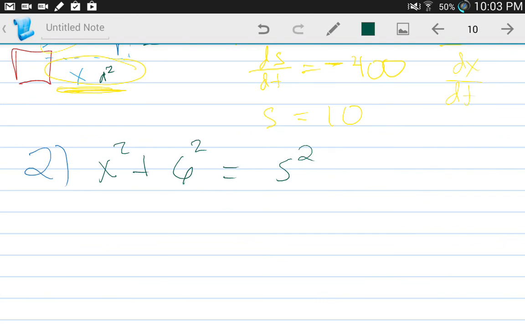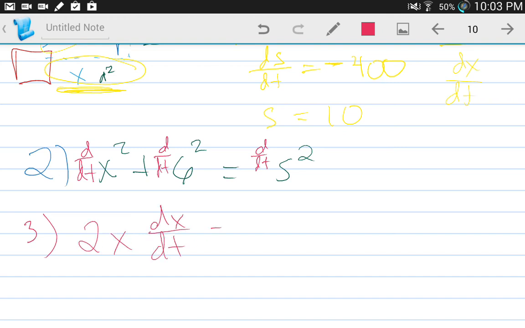Okay, so now step 3 is to take the derivative with respect to time, and that will give us 2x dx over dt equals 2s ds over dt.